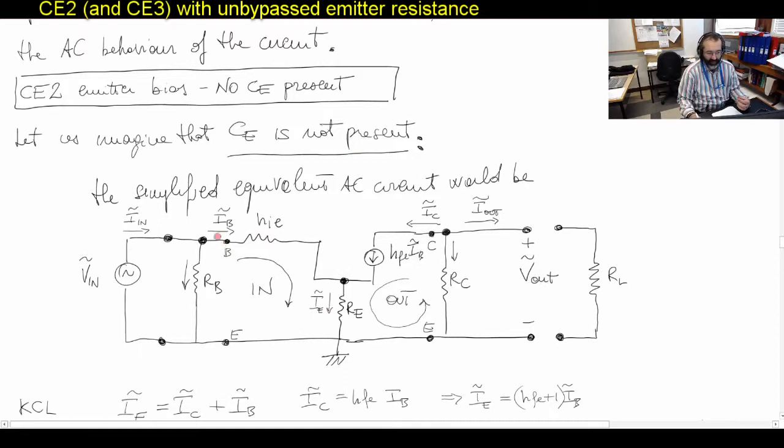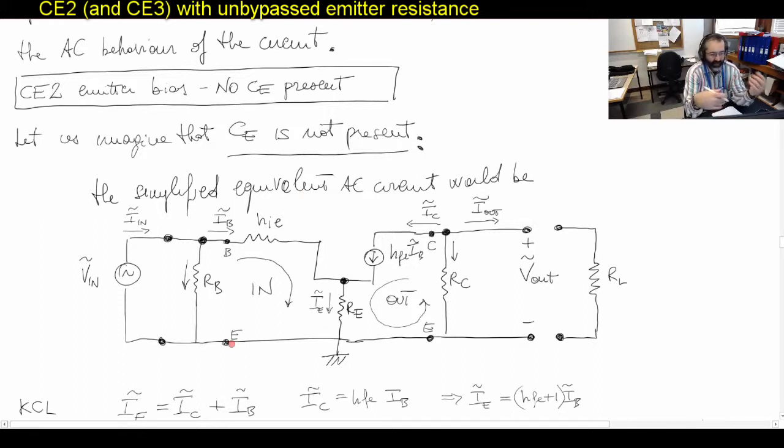So this means that the equivalent circuit now would look like this. You see that RE is connected on the emitter. Remember, the emitter terminal is here, toward ground. RB has to go toward ground, and ground now is here. So really the circuit should look like that.